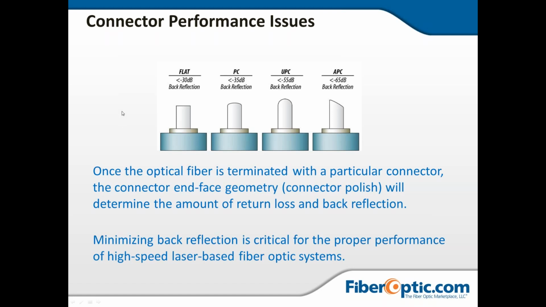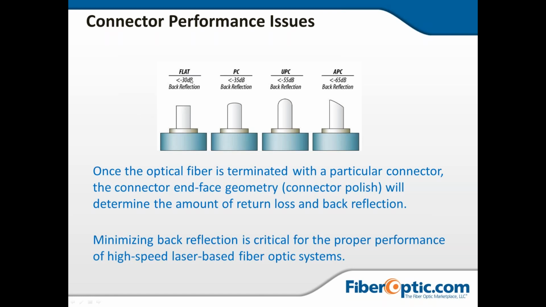Once the optical fiber is terminated with a particular connector, the connector end face geometry, the connector polish, will determine the amount of return loss, or back reflection. They have it on a sliding scale here, from flat being the worst performing to the APC being the best performing. Not saying that the flat is not used; it's still used today.